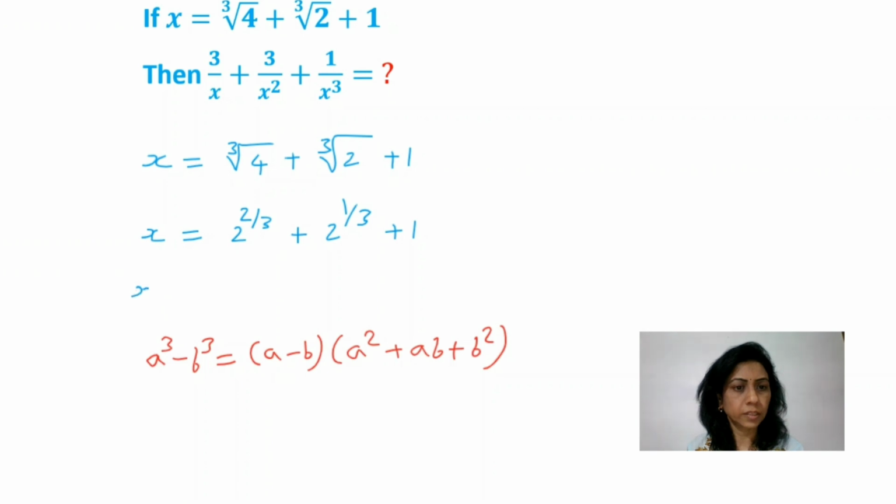So x is equal to, this one we can write here 2 to the power 1/3 whole square, or you can just write it as it is. And here this 2 to the power 1/3 multiply 1 means the same, plus 1 square or just 1, and both sides multiply by 2 to the power 1/3 minus 1.